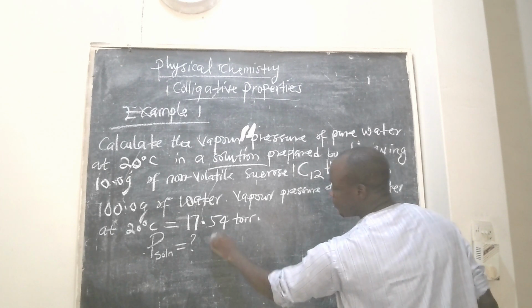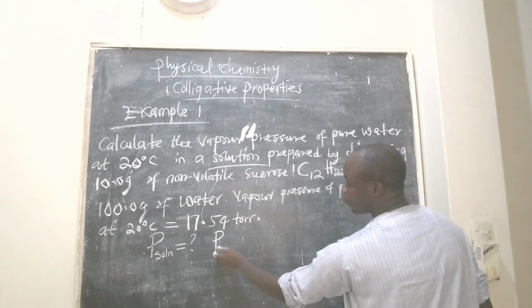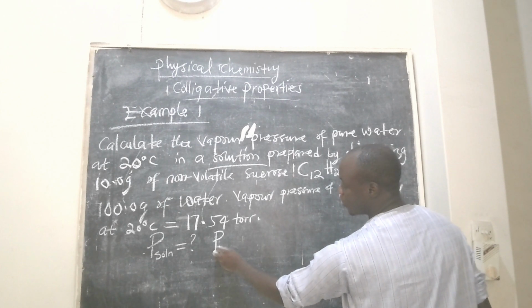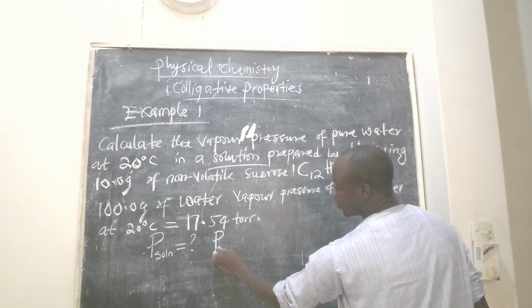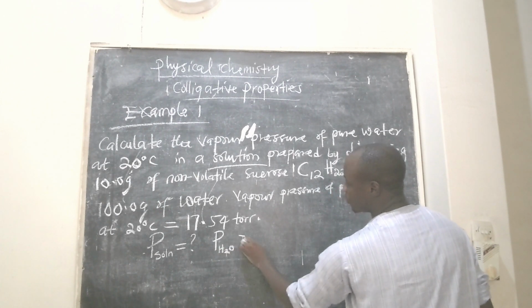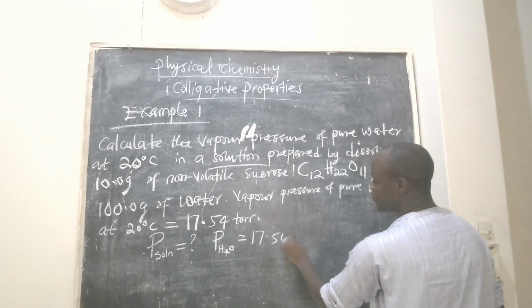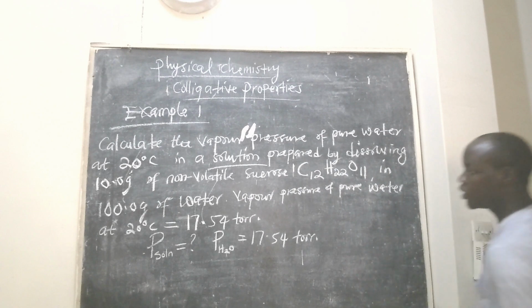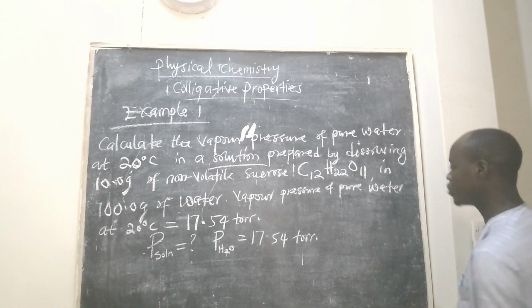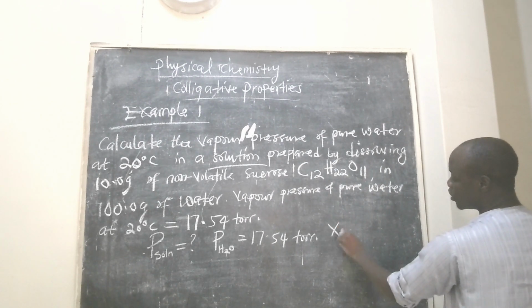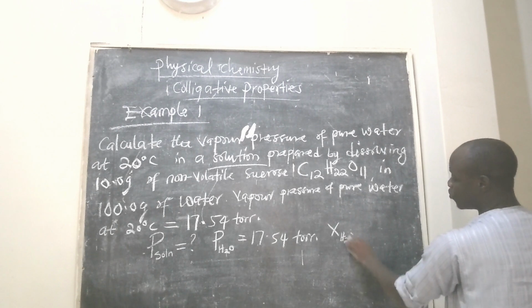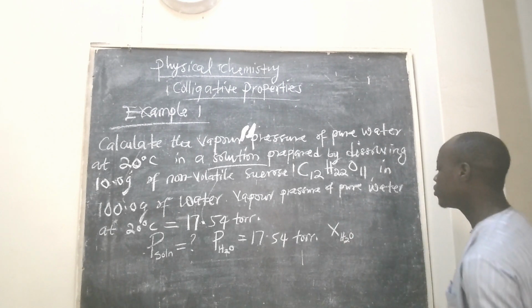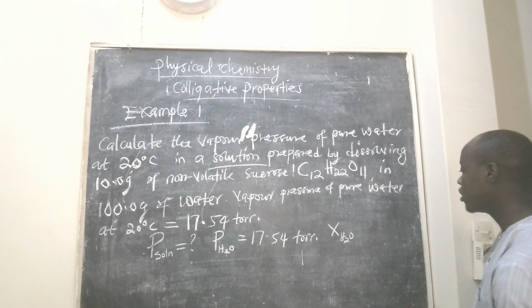So the vapor pressure of pure water is equal to 17.54. And then, of course, the mole fraction is missing completely, so we have to calculate the mole fraction of water.